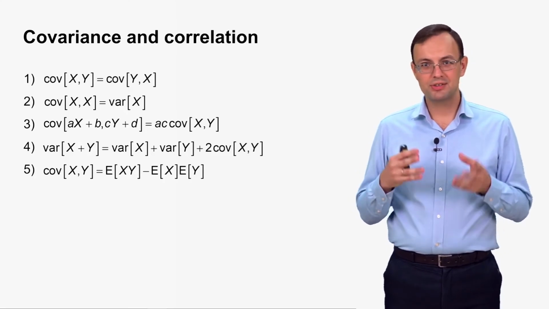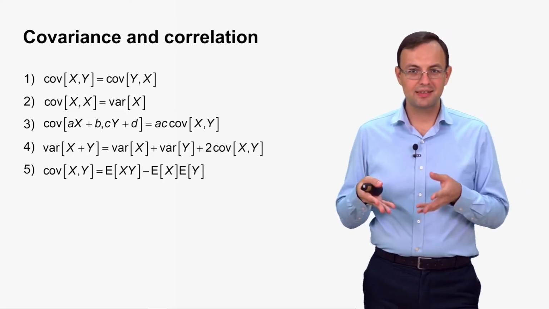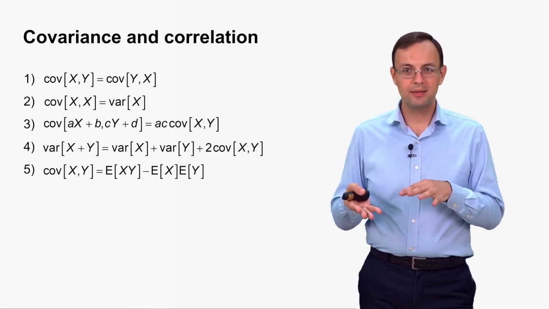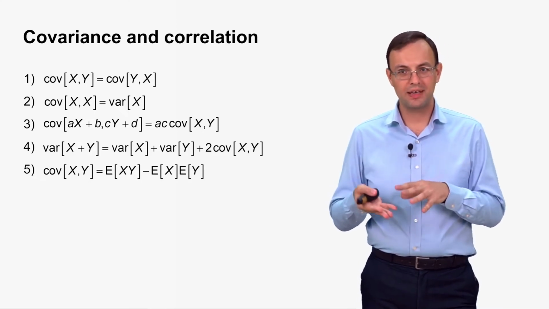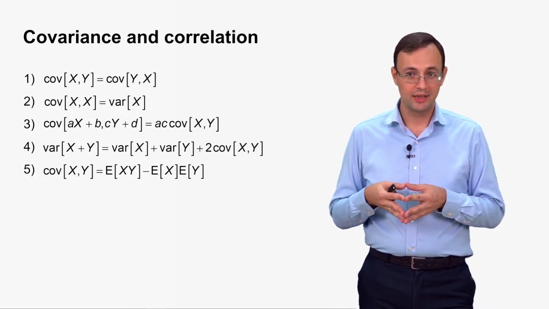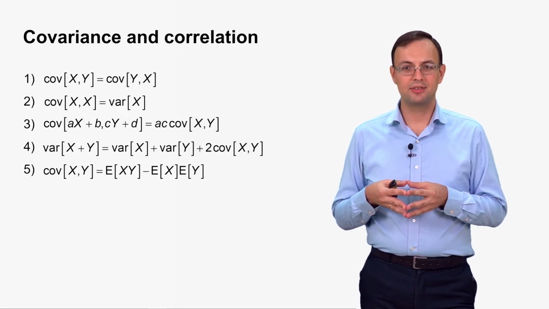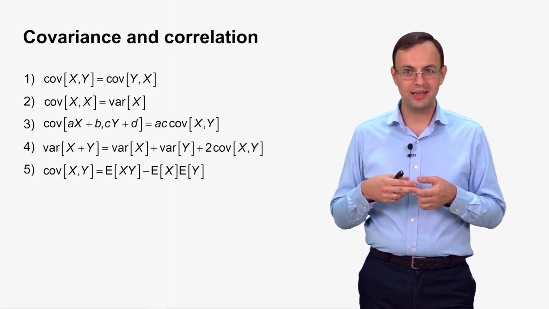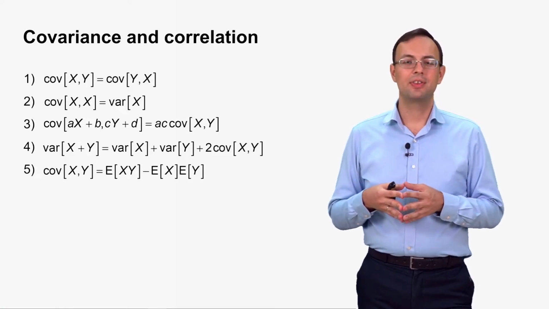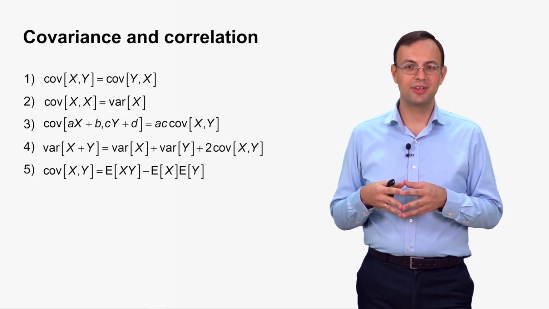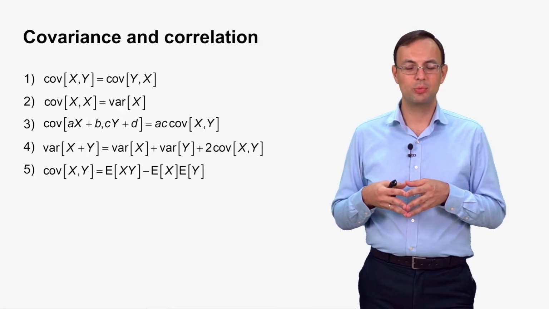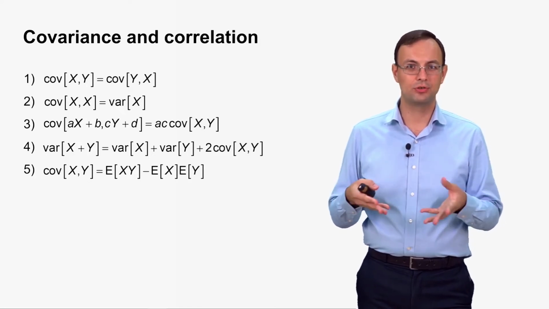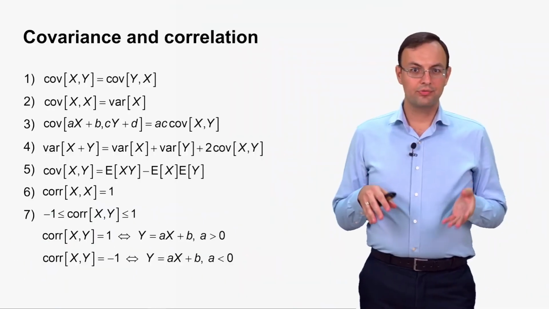So covariance of x and y is expected value of x times y minus expected value of x times expected value of y. As it is usually much more easy to find E of x, E of y, and E of their product than to deal with the expression we see in the definition of covariance.